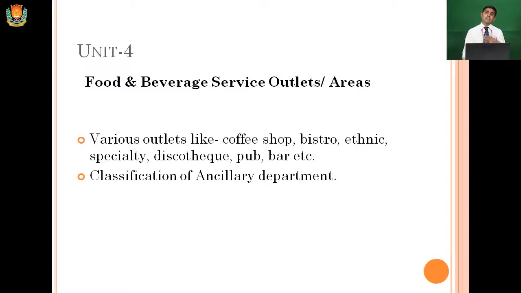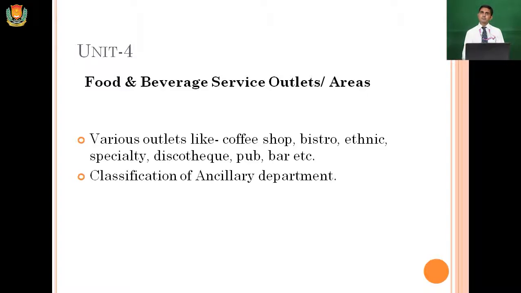Specialty can be any cuisines like Indian specialty restaurant, Thai specialty restaurant. It can be anyone. Then discotheque we have. Then pub, bar, etc. Classification of ancillary department. Ancillary department basically store, the KST department. These departments will come under this. Okay, yeah. Then we move to unit 5.